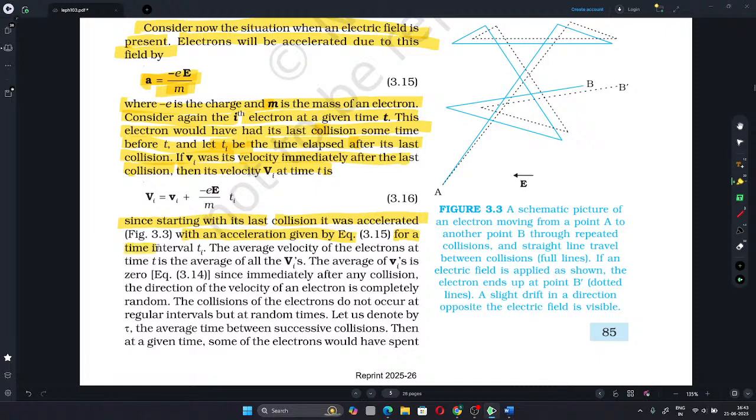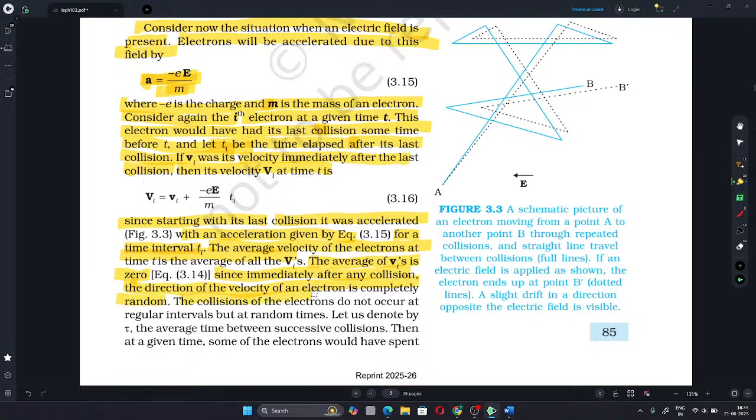For a time interval Ti, the average velocity of the electron at time t is the average of all the V initials. The average of V initials is 0, since immediately after any collision, the direction of the velocity of an electron is completely random.